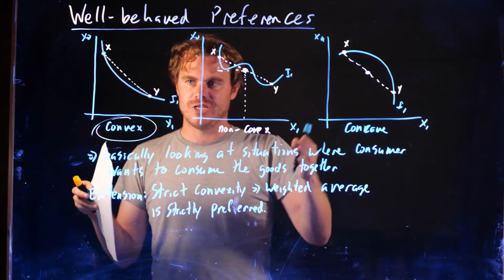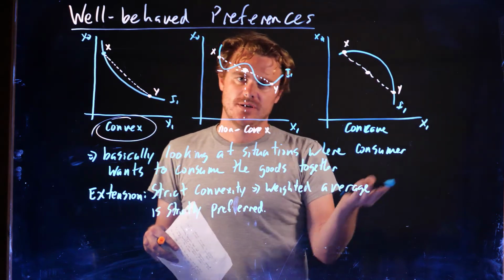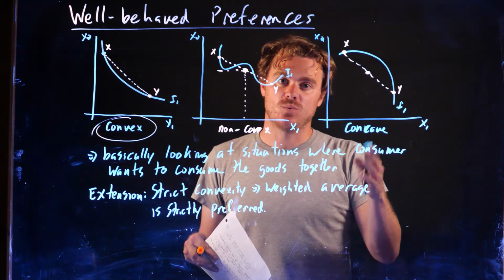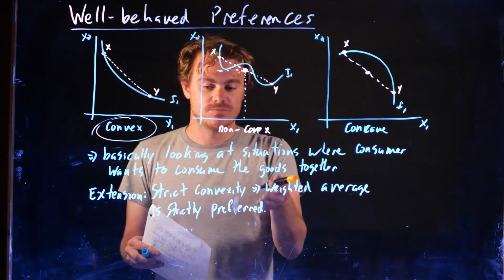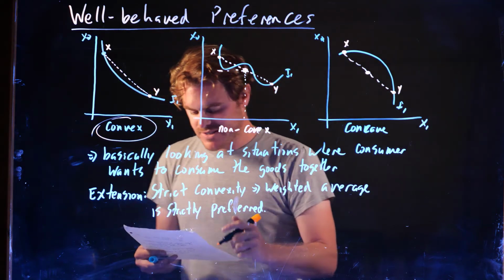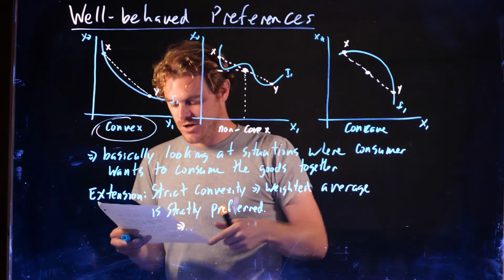So a weighted average gives higher utility, whereas when we gave the definition of convexity, remember it was at least weakly preferred. If we have strict convexity, then they're strictly preferred. And what this means is there will be no flat spots on indifference curves.